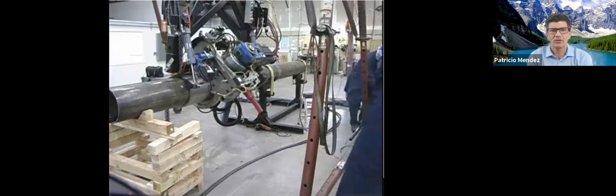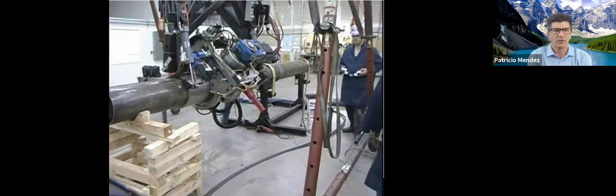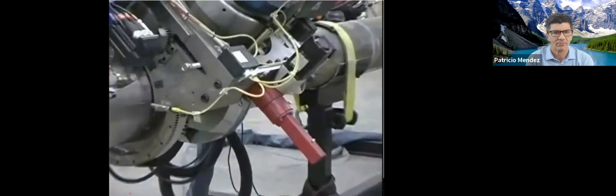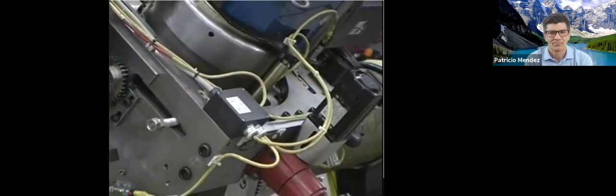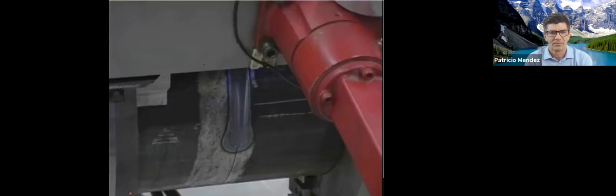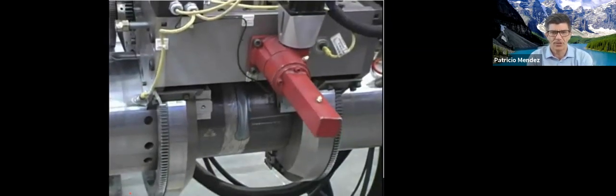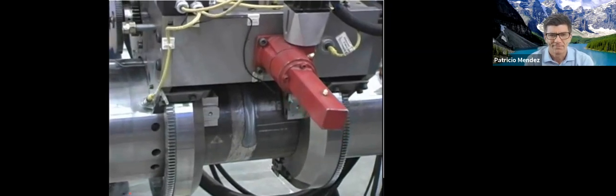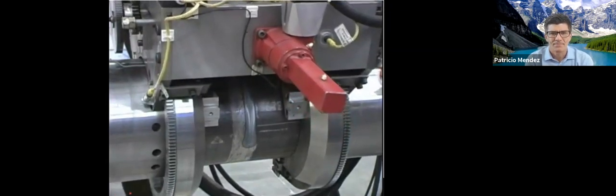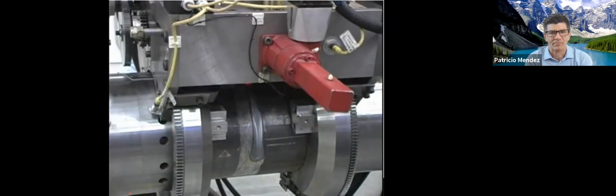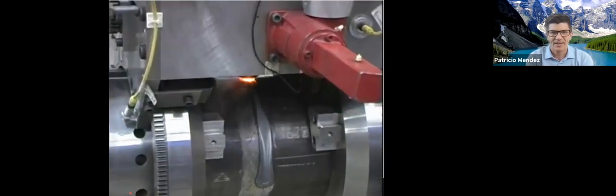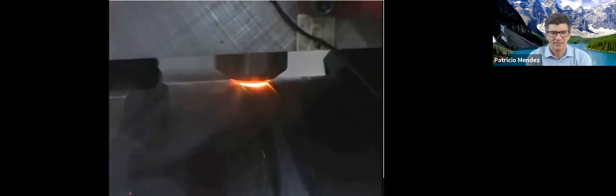So far, it doesn't look all that different than an orbital welder, but look at the detail now. There's a weld in steel, single pass, full penetration. Check it out. It's red hot.